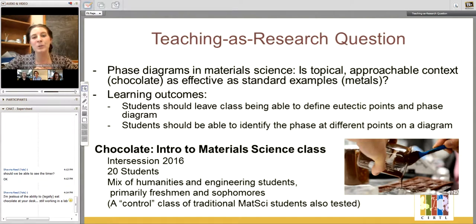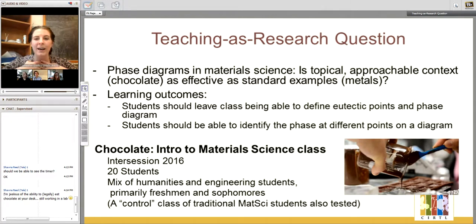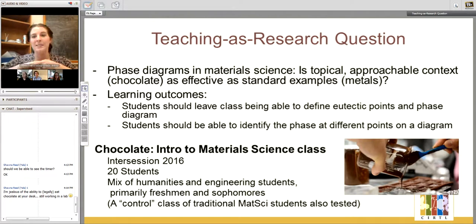So I was able to get into an Engineering 101 class where they were supposed to be learning standard phase diagrams, and to control for professor quality of myself, I offered the teacher a couple days off and taught in his place, and I had pre and post tests there compared to the phase diagram test in the chocolate class. And then I later gave the students chocolate cake as a reward for helping me. Next slide.